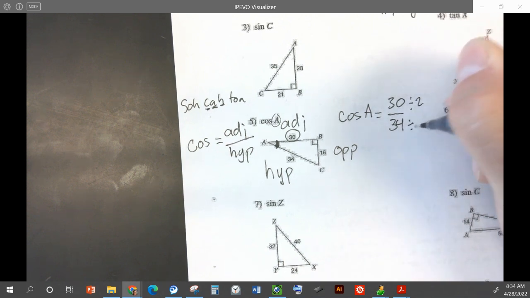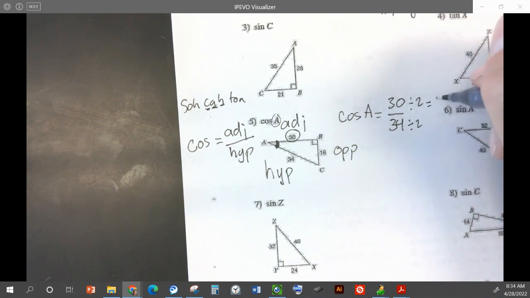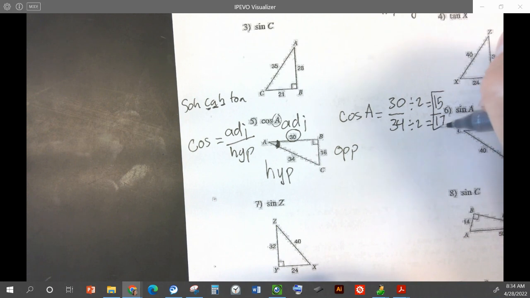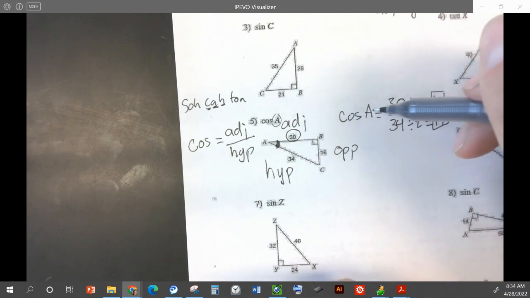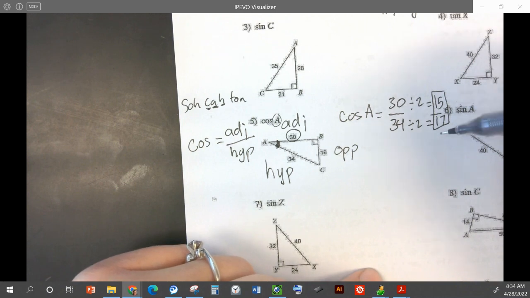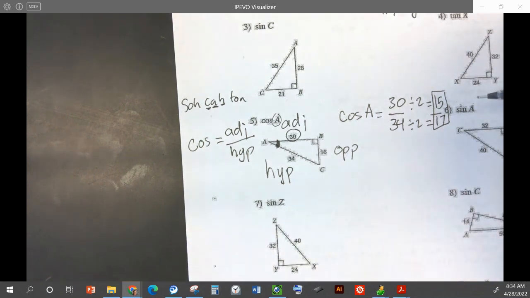So let's try that. 30 divided by 2 is 15. 34 divided by 2 is 17. And now, is there anything we can divide the top and the bottom by? So this one is simplified. So our ratio, cosine of A, is 15 over 17.